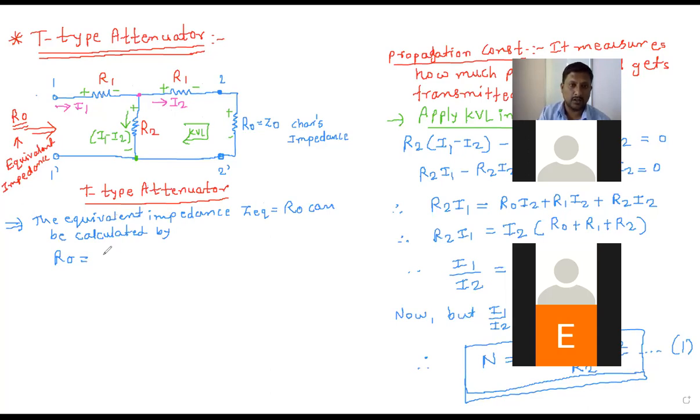So R1 plus, in bracket, R2 is in parallel with R1 plus R0. So can you calculate now? This R1 remains as it is. The parallel combination of these two is R2 into R1 plus R0 divided by R0 plus R1 plus R2.